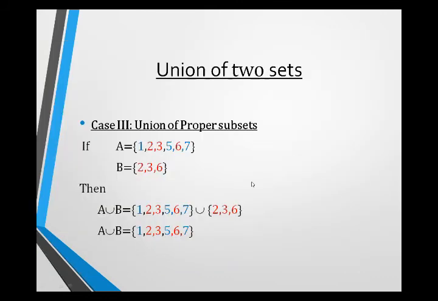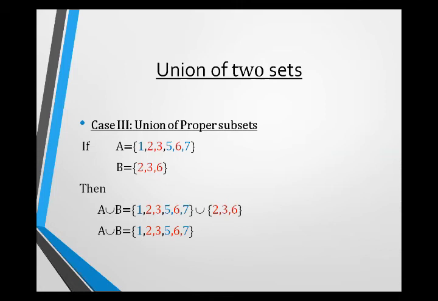Now students, we move towards the third case of union. How do we find the union of a proper subset? Here students, I repeat what a proper subset is. If every element of set B is also an element of set A, and A contains at least one element which is not an element of B, then B is called a proper subset.